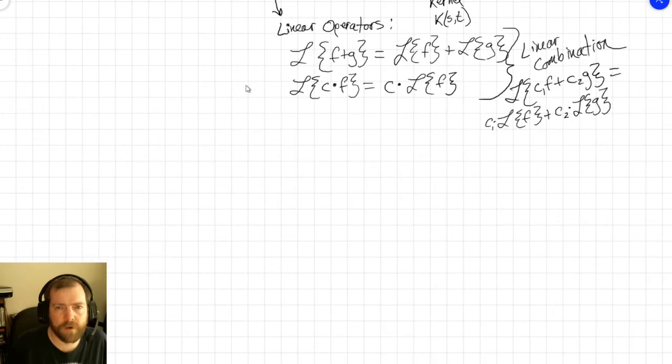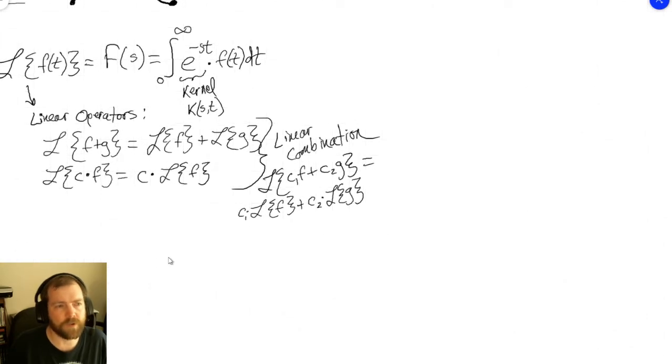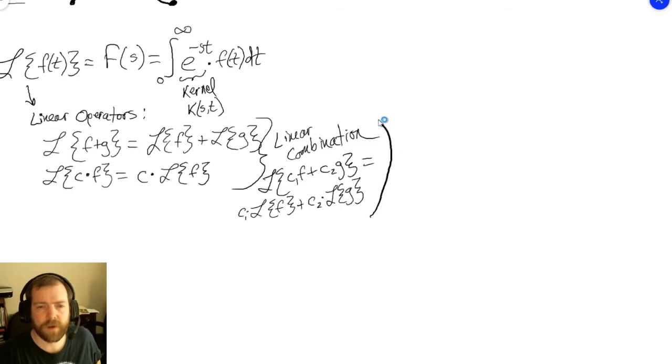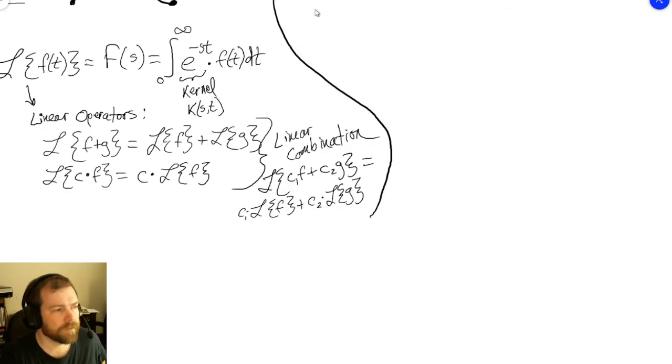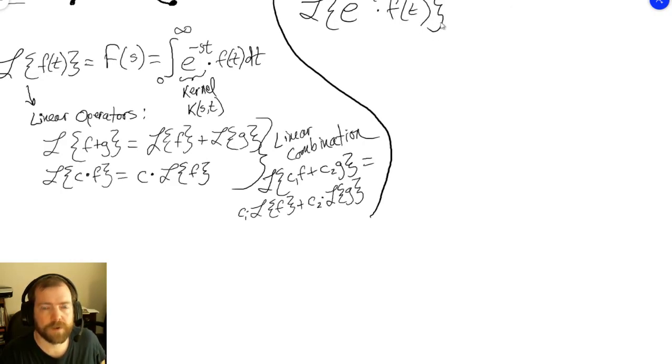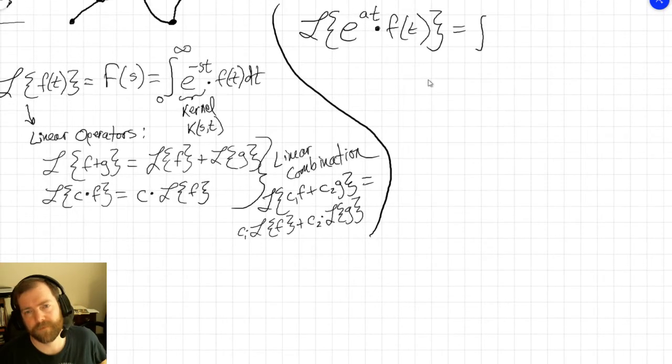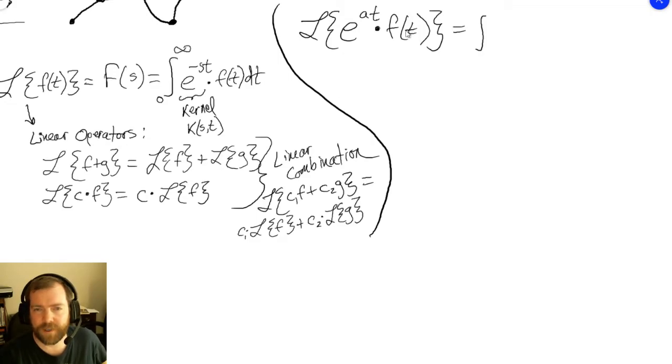So there are a number of things that we can do with the Laplace transform. If we start with a function f of t, and this time we multiply it by an exponential, e to the at, this changes the integral that we were taking.